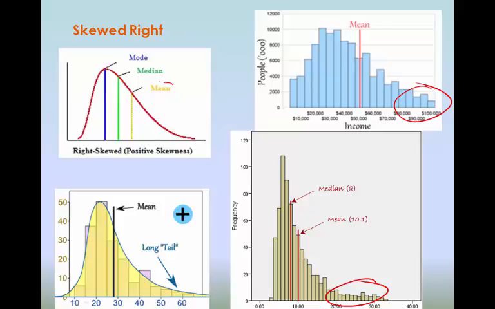If the data is skewed right, then the mean gets dragged further to the right. And most of you know, even though we haven't covered it yet, that mean is an average.